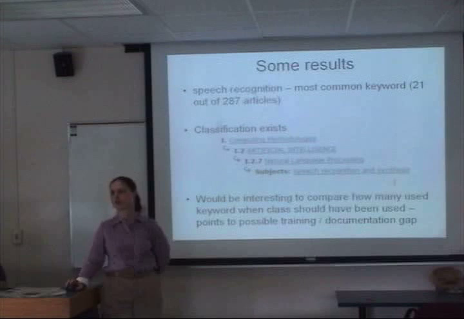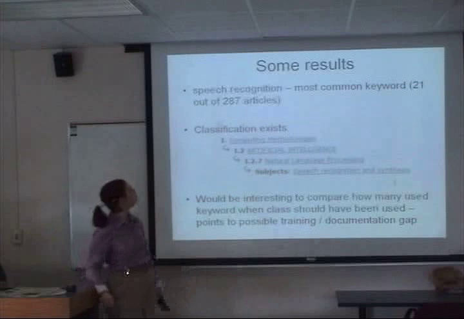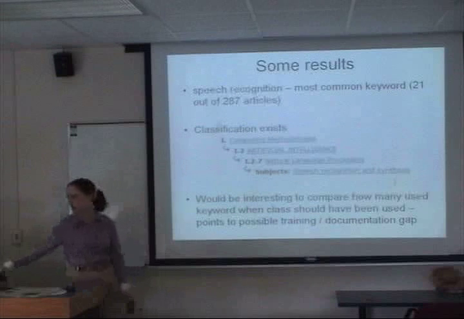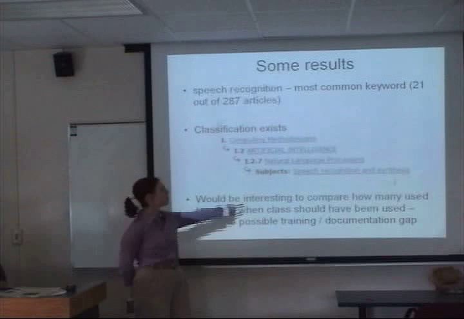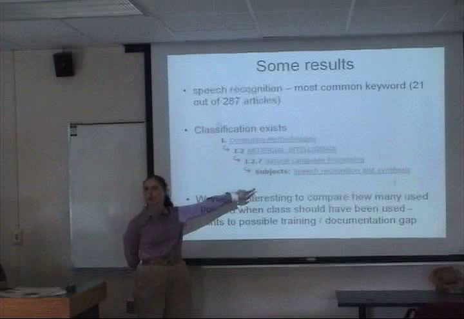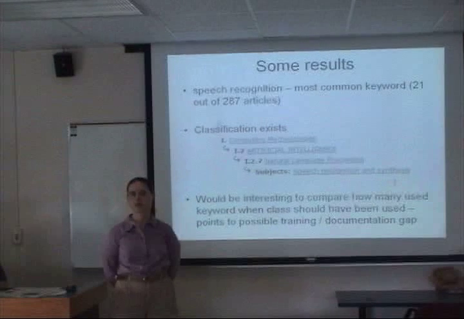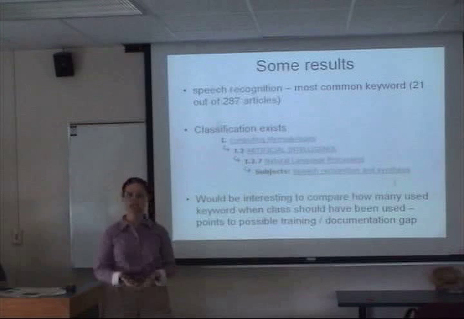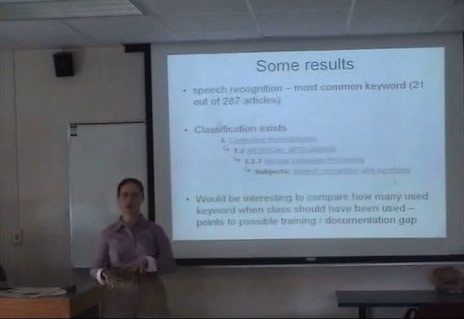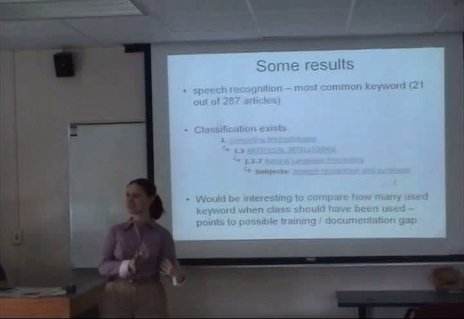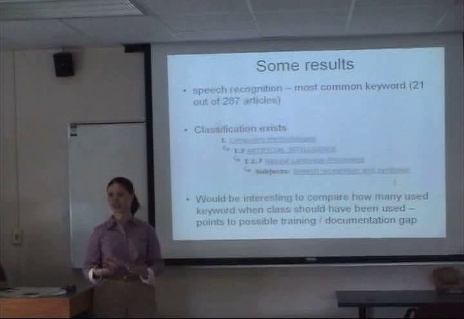So a couple of results, some interesting things I did find. The most common keyword was speech recognition, 21 out of the 287. The interesting thing about this, of course, is that there already exists a classification for speech recognition. Now they tell you in the instructions for classifying articles, of course, you pick your classifications that are appropriate, and then you add in keywords that are not the classification strings, so that you can supplement the search or finding aid.